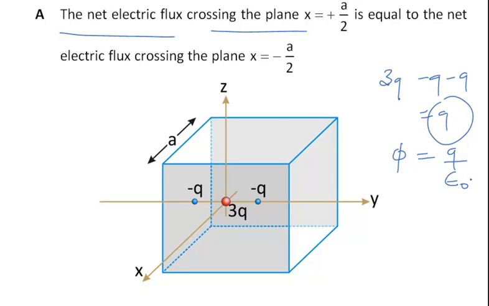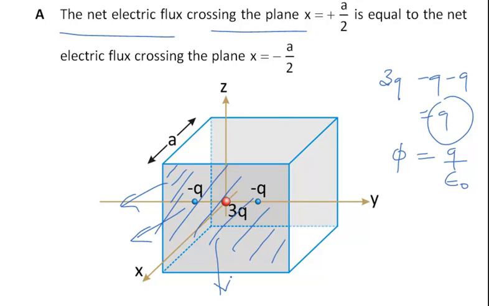This is one aspect. Second, consider a plane parallel to this, x equal to a by 2. This plane extends from the boundaries of this face. By symmetry, the flux leaving through this total plane will be half of the total flux going to the other side, so the flux is q by 2 epsilon naught.